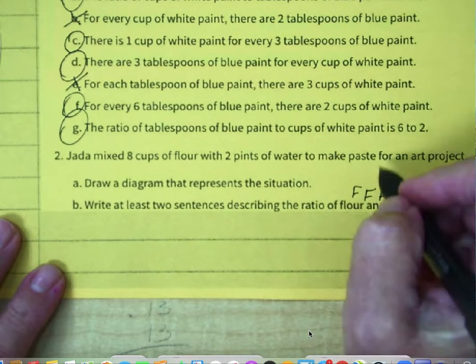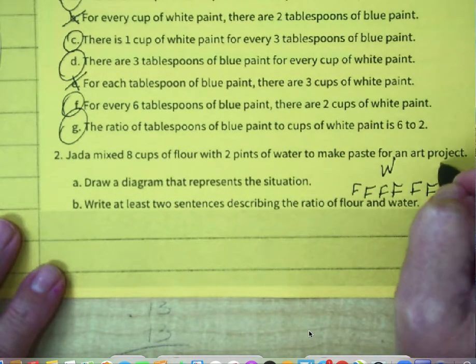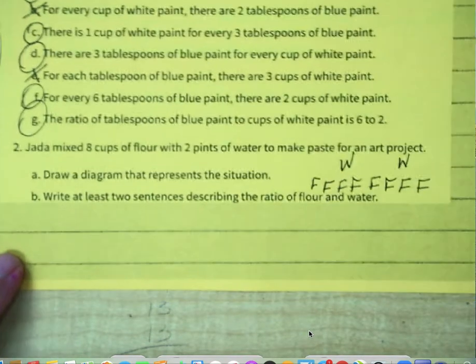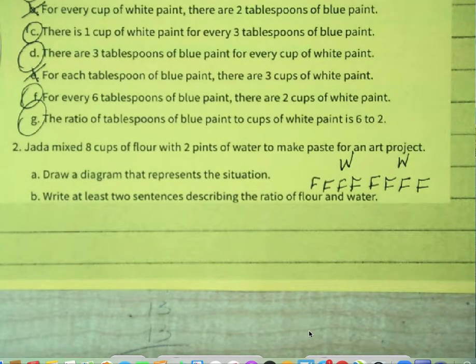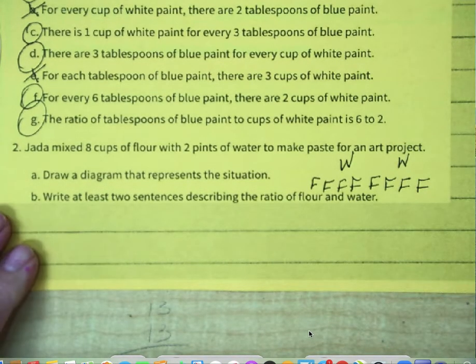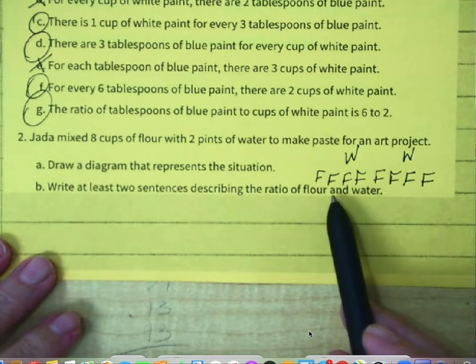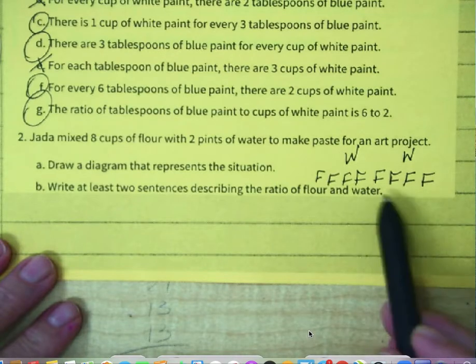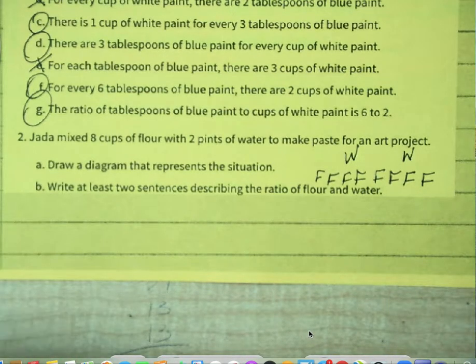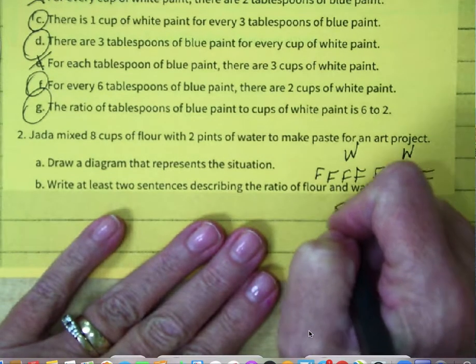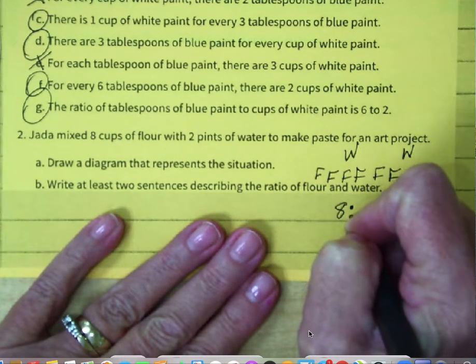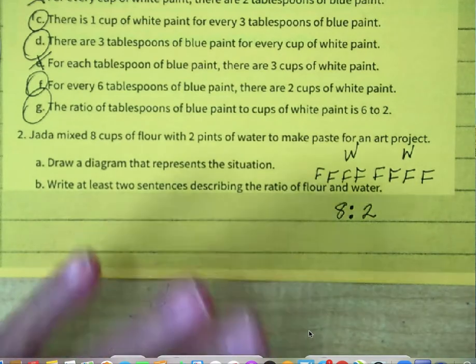And 2 pints of water. Water and water. Okay? Have we done that sufficiently? Yes, we have. Write at least 2 sentences describing the ratio of flour to water. How many flours? 8. How many waters? 2.